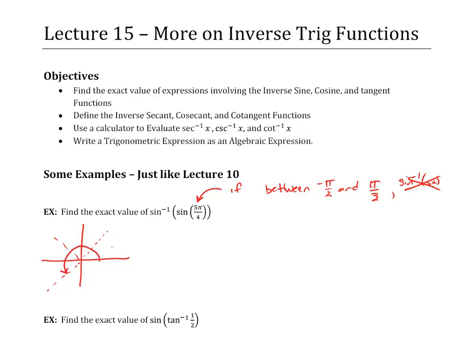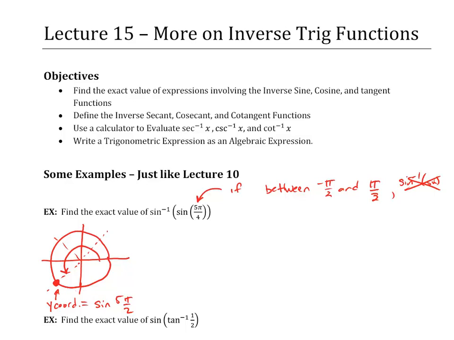And remember, on the unit circle, since we're looking at sine of 5 pi over 4, the y coordinate of that point is the value of sine of 5 pi over 4, which we know is negative square root of 2 over 2. But actually, we don't even have to know that to get the answer.